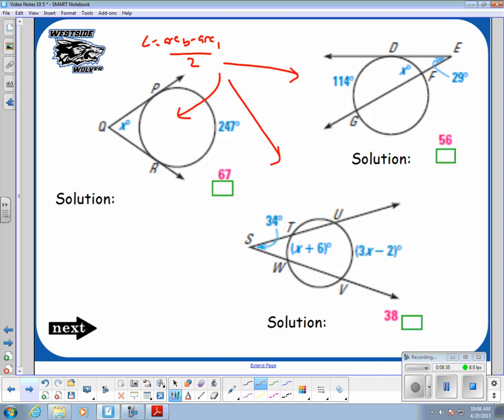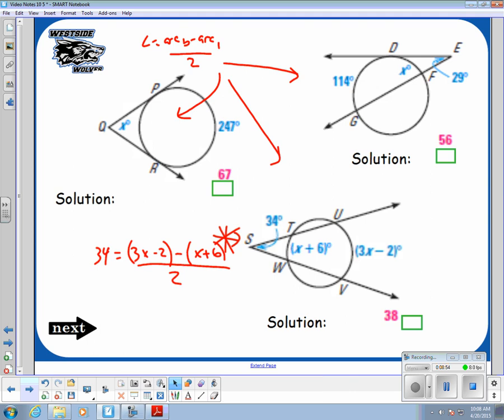And so if you had some problems working these, usually what happens here is this one right here is where we have the most issue. Okay, so the angle is 34 equals the arc big, which is 3x minus 2, minus the arc little, which is x plus 6, all over 2. And here's your issue right now. If you got this one wrong, here's what you need to go look at. You got to put those in parentheses because each one represents a separate angle.